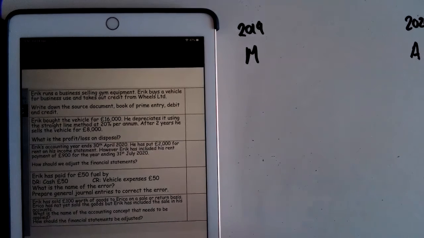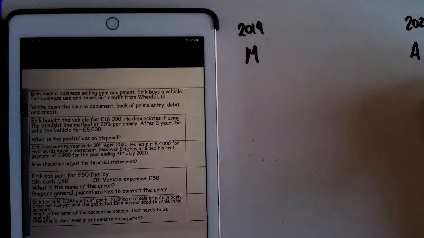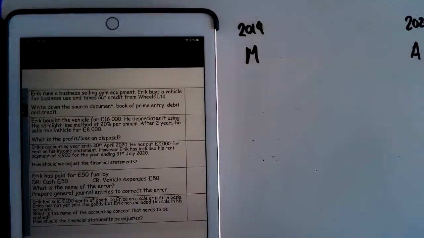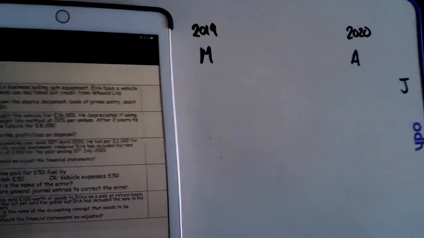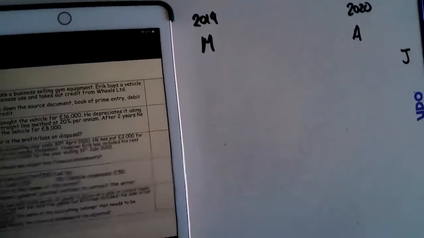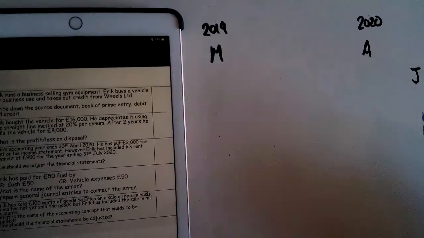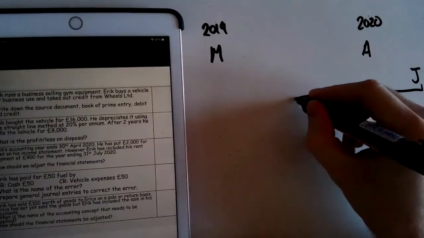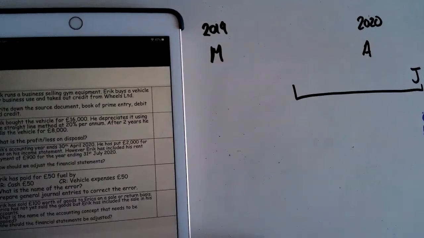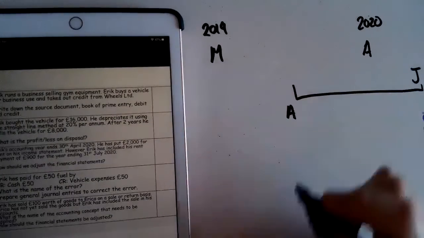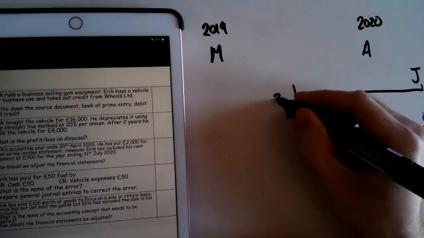However, Eric has included his rent payment of £900 for the year ending 31st of July 2020. See if you can see that. So there's July 2020. So he's paid for a year's rent, which would have started in August 2019.